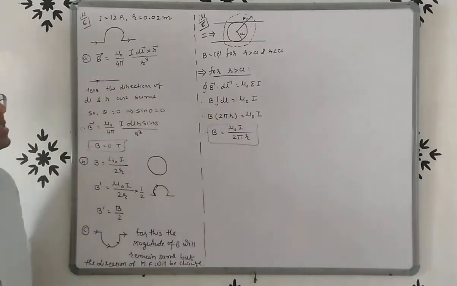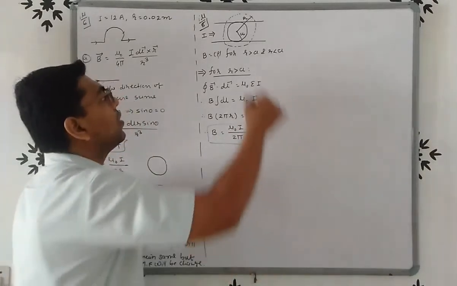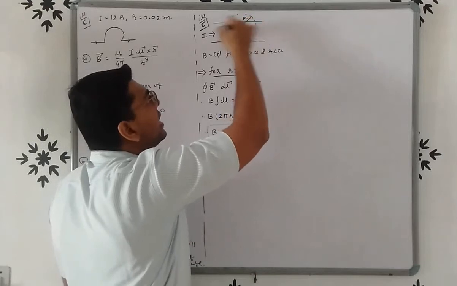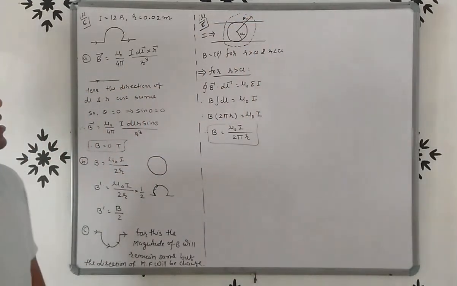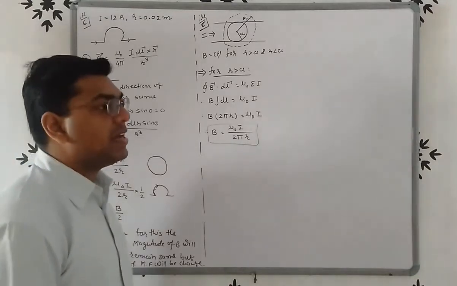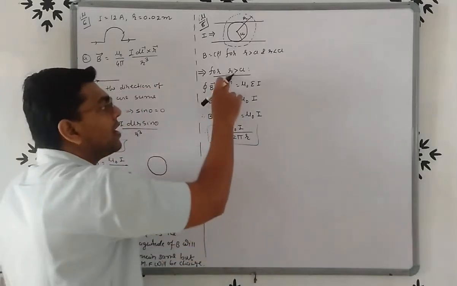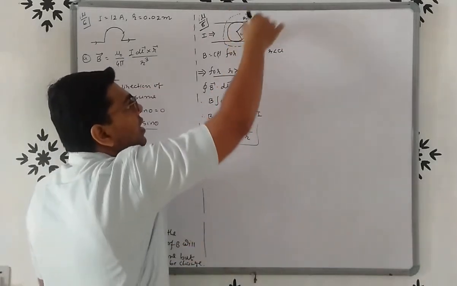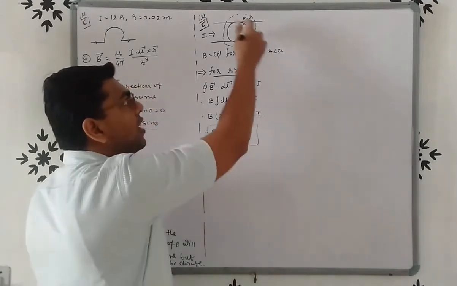Once again friends, the current passing through the cross section of area A is I, as given. We have to find out the magnetic field for r greater than A and r less than A. So first, for r greater than A, consider a cross section like this, as shown in the figure, having radius r.